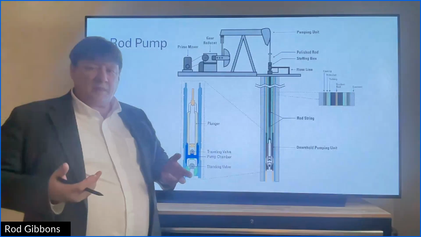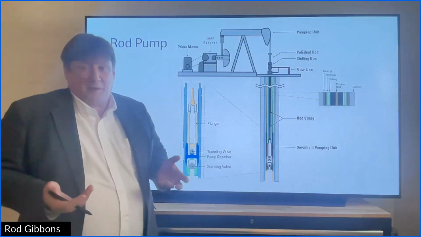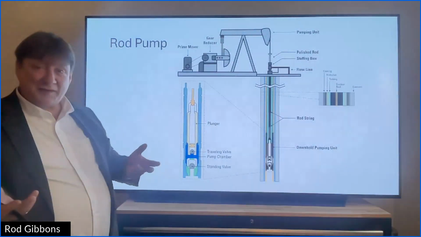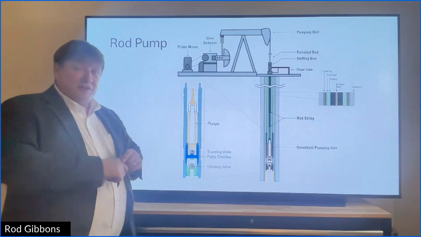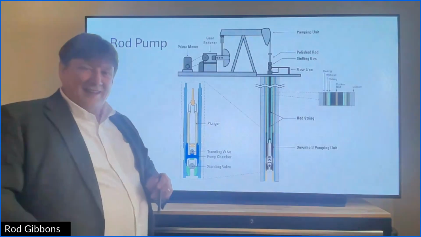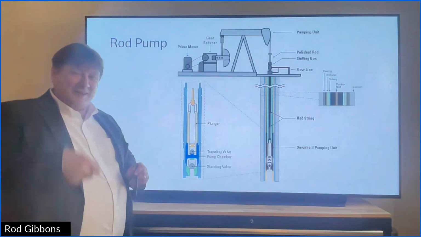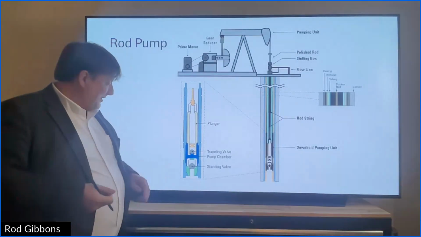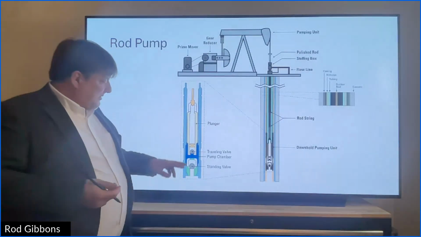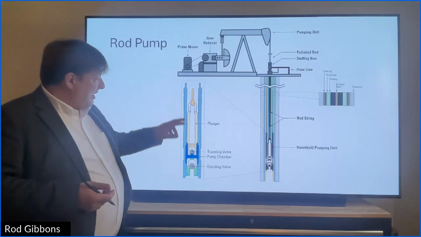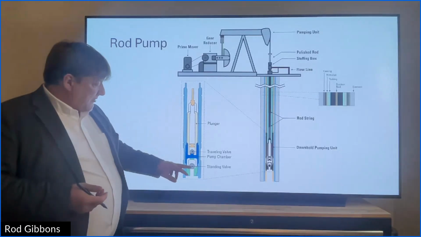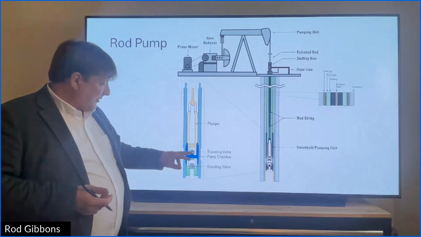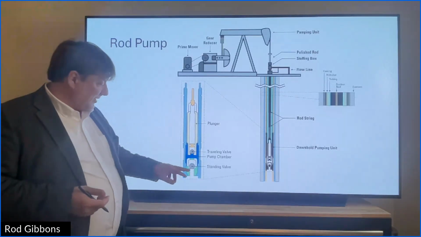And this pump is probably one of the simplest pumps you're going to find. It's originally, I think, from the Roman times. It's also the same sort of pump you see for pumping water, like in an old-fashioned prairie kitchen. And it is basically two balls, they call it a traveling valve and a standing valve.